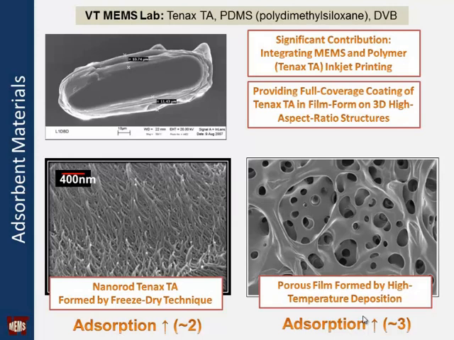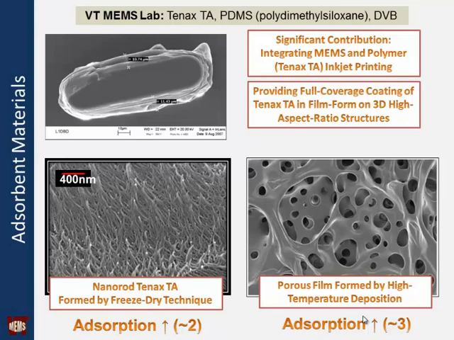So when it comes to Tenax TA, which is also widely used for microtraps, which are the commercial preconcentrators, we have shown that we can convert them from the particle form. The company basically sells them in particles, which is not compatible with this technique that we want to use.